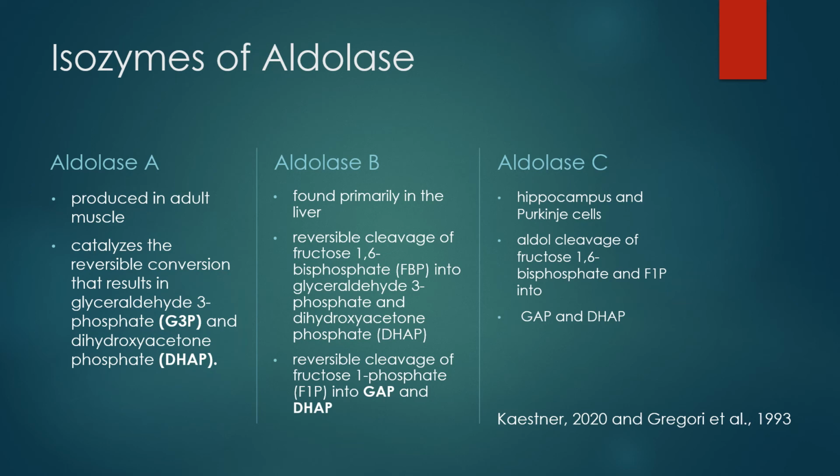Now, A and B are synthesized in newborns, and the adult aldolase B is the only one that is gene expressed. So we're going to be talking about the expression of that gene and the transcription factors.